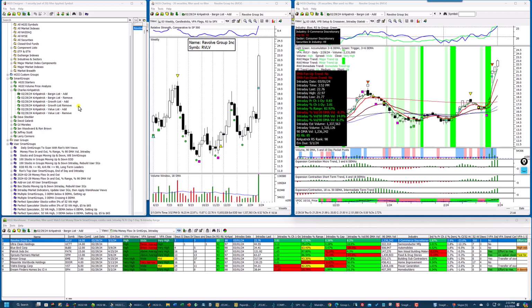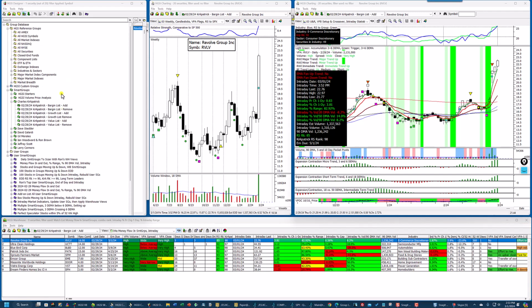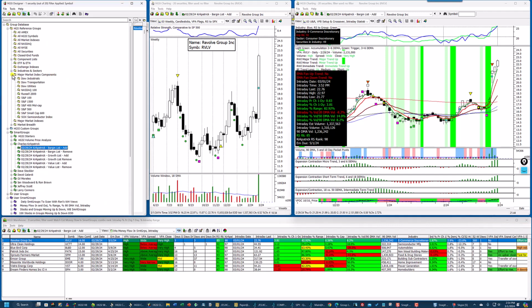If you want the NASDAQ 100, just use it. In fact, let's go to the NASDAQ Major Market Index Components. Click on that. Okay, there's 102 stocks there.